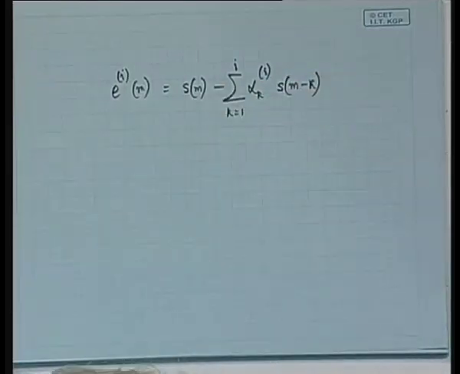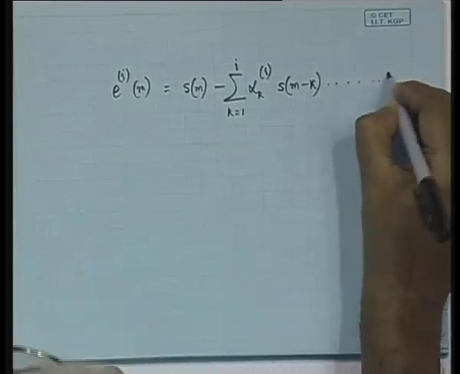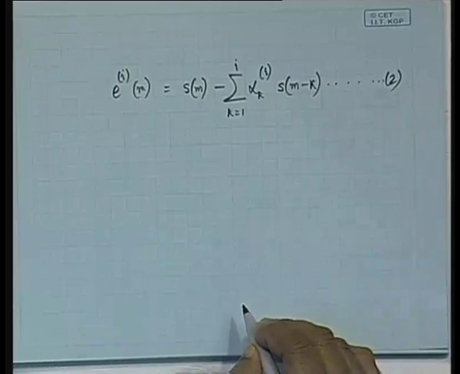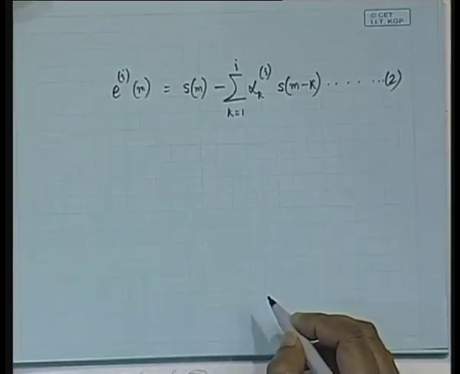So this is the prediction error, and we call this equation number 2. Let us take the Z transform of equation number 2.